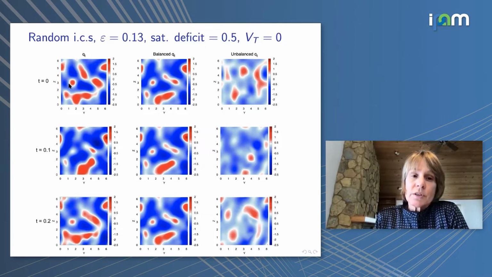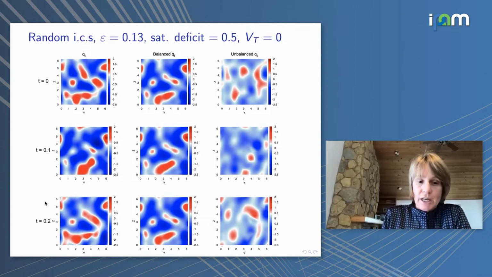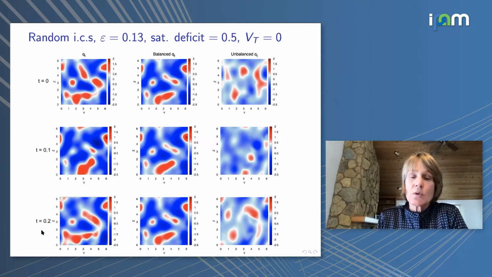So we're solving these equations numerically. This first column is total water evolving for some short times, t up to t equals 0.2. And then what we've done is decomposed the water into its slowly varying part. That's the middle column, the balanced water, and then its fast wave part, which is the right column.